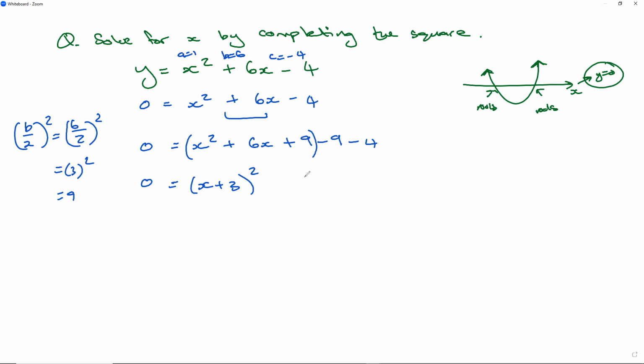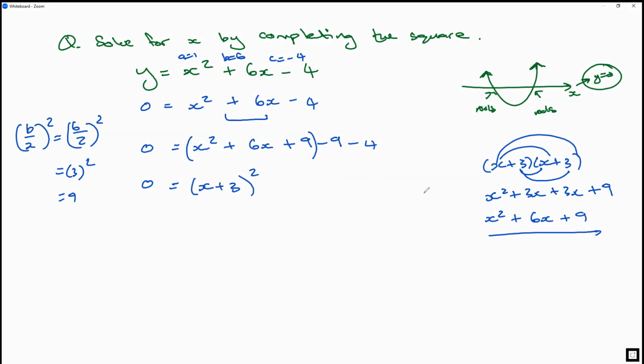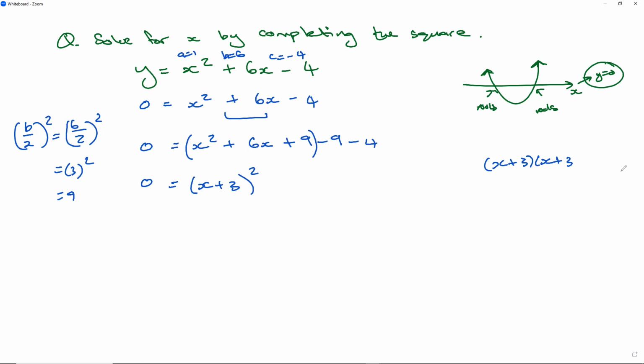If I got x plus 3 multiplied by x plus 3, just to show you quick, x times x is x squared, x times 3 would be 3x, 3 times x will be 3x, and 3 times 3 will be 9. So this will become x squared plus 6x plus 9. And that is the same as that. So what we've done is we factorized it. Okay? This is just a quick check. We don't really need that part of the calculation.